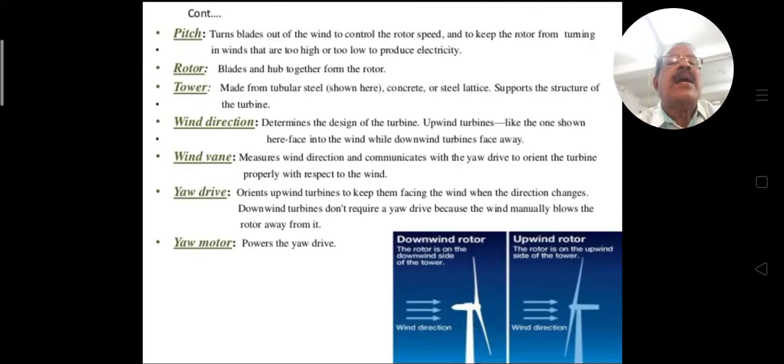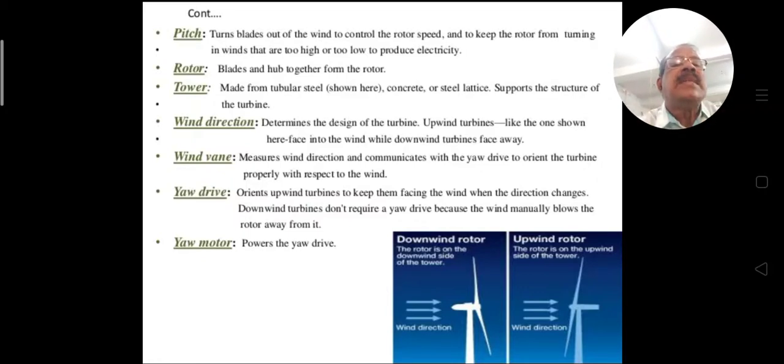And the tower, made from tubular steel, concrete or steel lattice, supports the structure of the turbine.